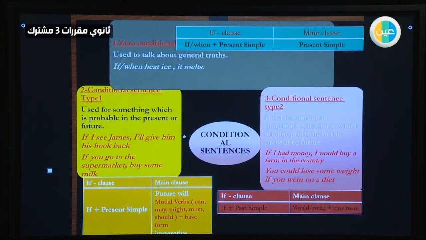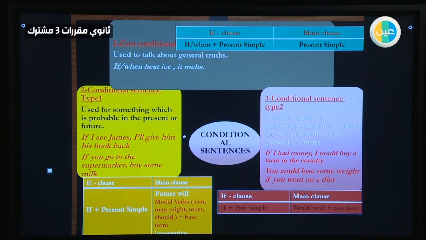Then present simple, okay? But the main clause will be in present simple also. So if present, you are going to use what? If present, present. That's why we call it 0. Okay? Present. Zero conditional is used to talk about what?